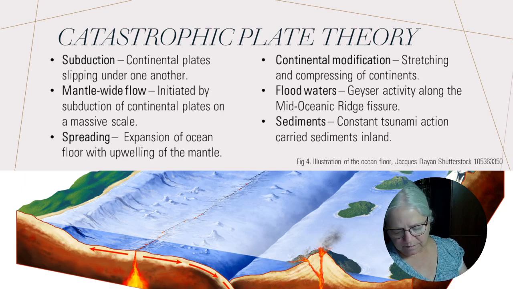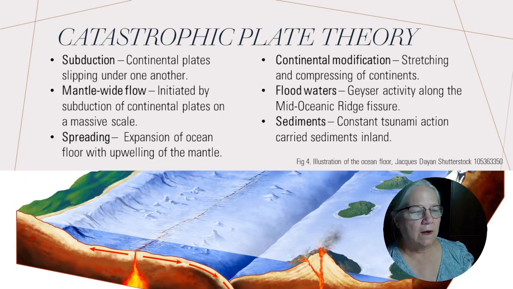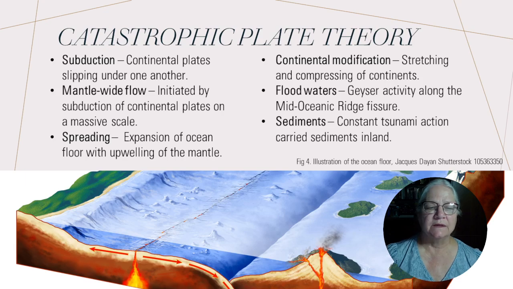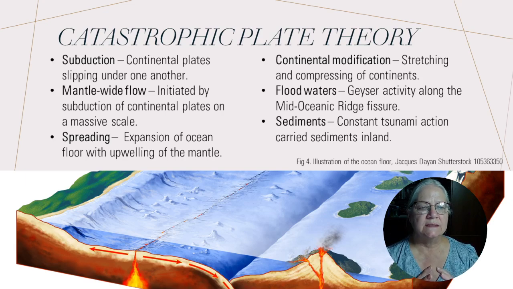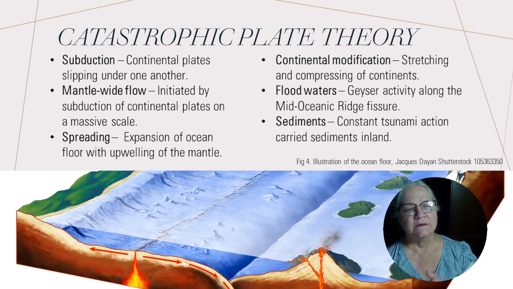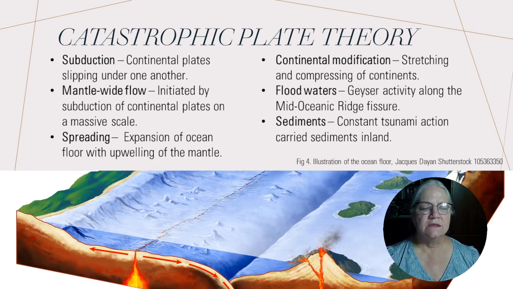So while that was happening, there was an expansion of the ocean floor and upwelling of mantle through the ocean floor. And then we come to the continental modification. While that is happening, the continents are compressing and springing back and stretching continually, creating mountains and folding layers of silt and sand, creating some of the geological features that we see today.